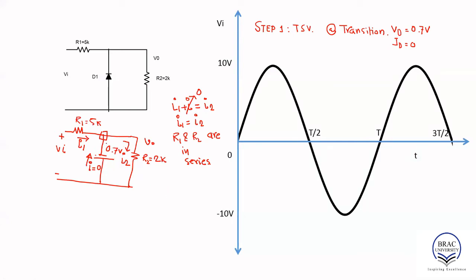Now since at transition or at any other time, this diode is connected parallel to this resistor, whatever voltage we have across this diode, the same voltage is across the resistor. So now we know the voltage across the diode is minus 0.7, and it is connected to the resistor R2. So that means I can say VR2 equals minus 0.7 volt.